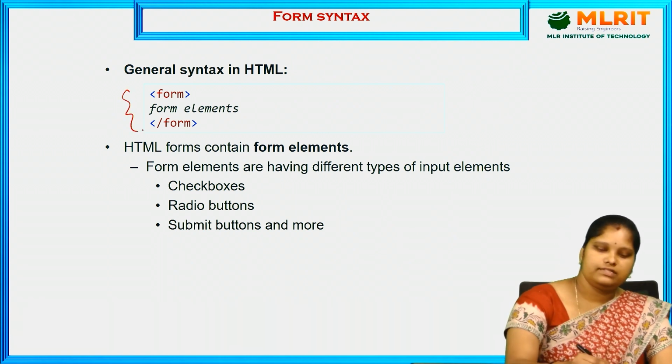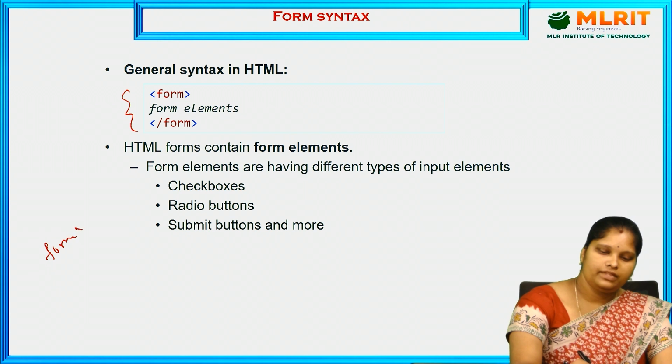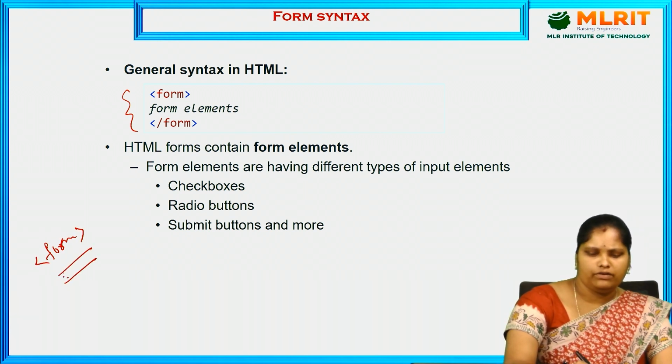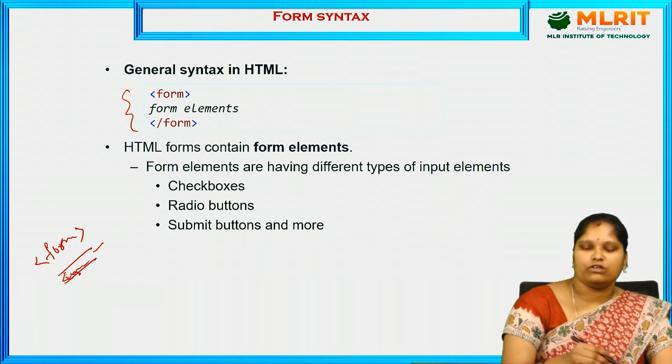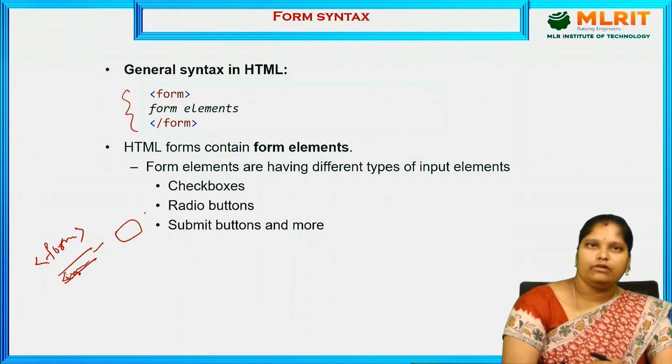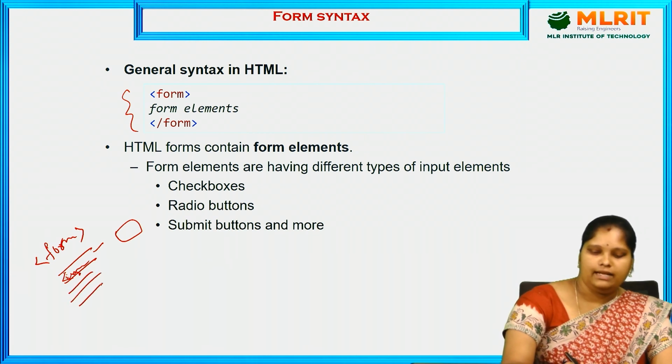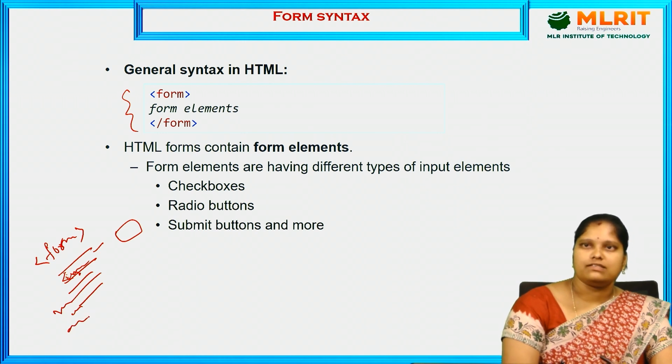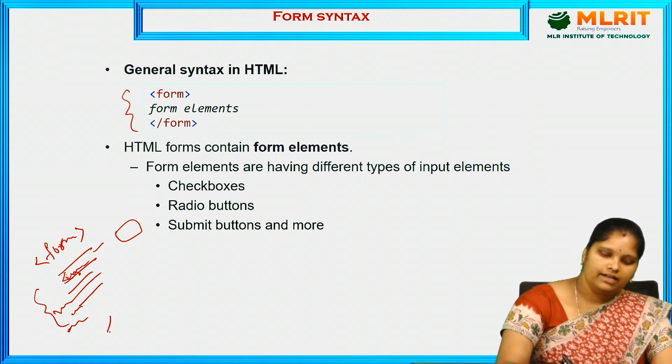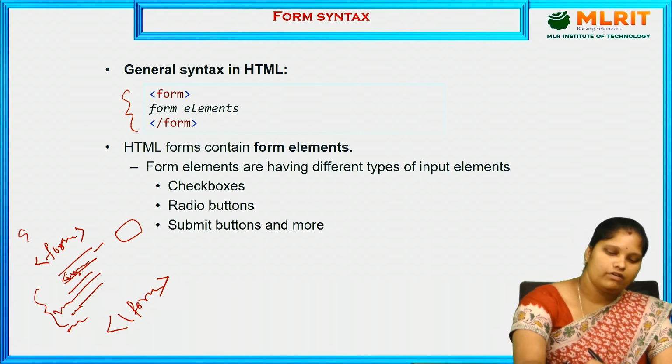The form syntax is the form tag, and whatever elements you need. If you want to use text boxes, then the input type is text, and you have to mention it. These are the elements: radio buttons, check boxes, combo boxes. All are inserted here, and then close the form. This is the basic syntax of the form tag.